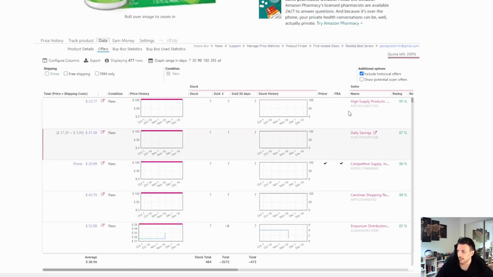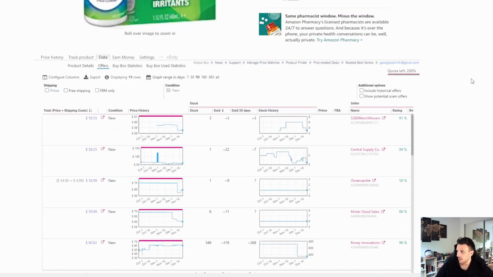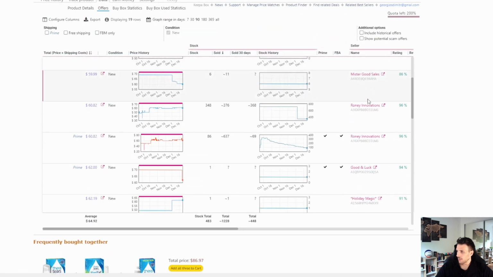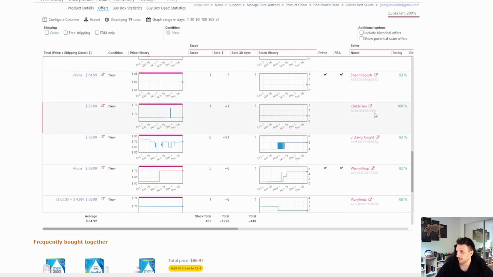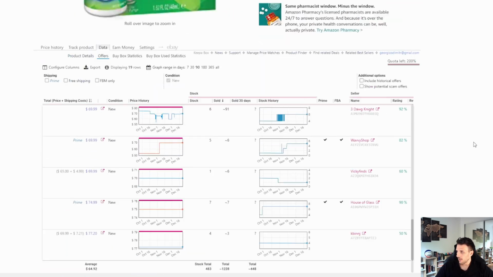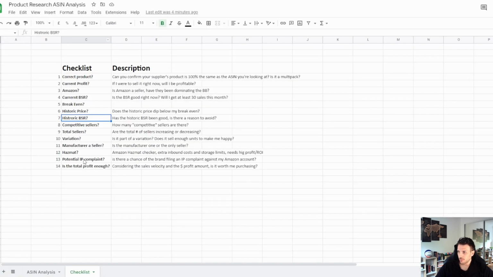Okay, there are many sellers, so let's just look at the current offers. I'm just looking out for that name, and I cannot see them here. The IP didn't pop up, and is the profit enough? It definitely looks like it was worth it.